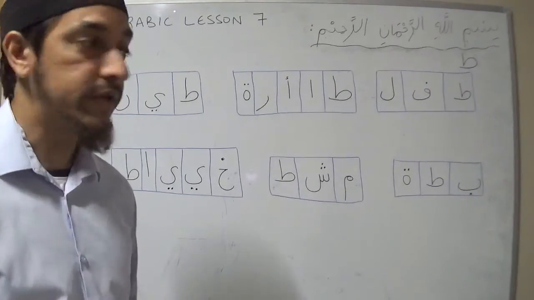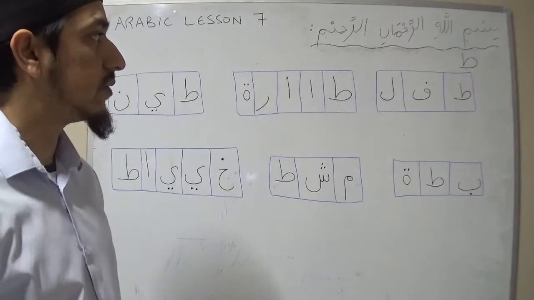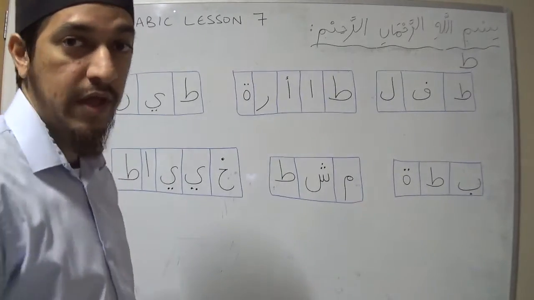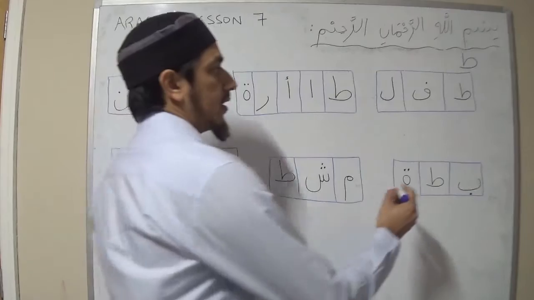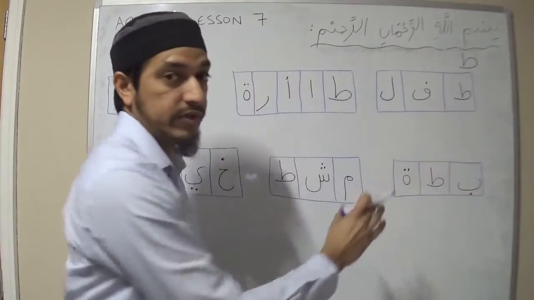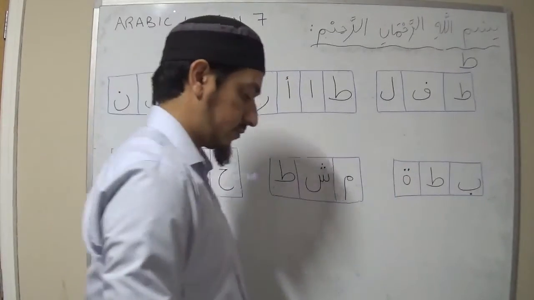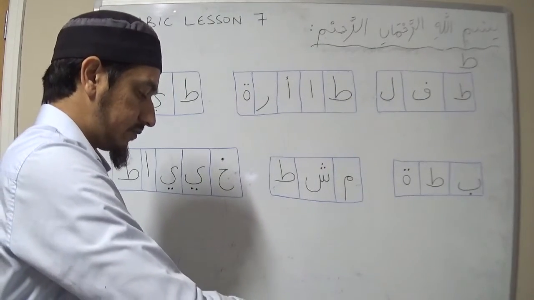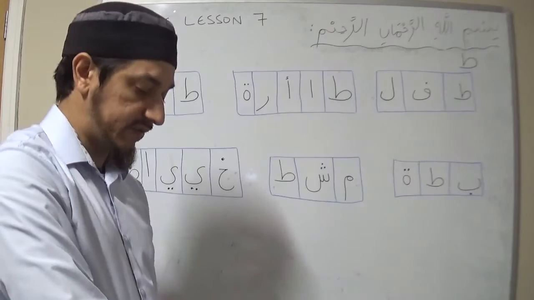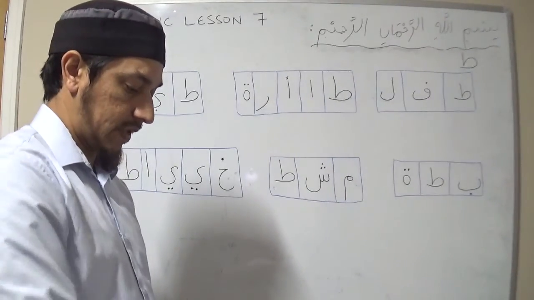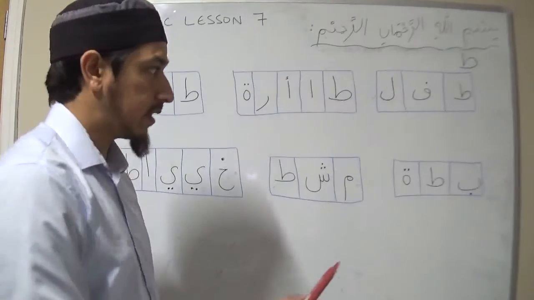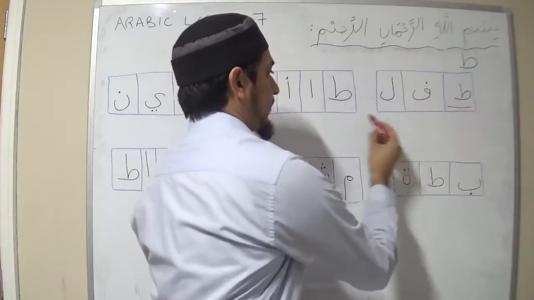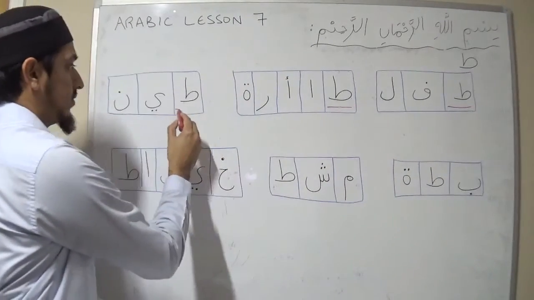So we're looking at the ta today, and the first word we have is tifl. These are showing the words. So we're going to start with just highlighting what we're looking at today, as we have been going over in the previous lessons. It's the ta, and here we see the ta at the beginning of each word.